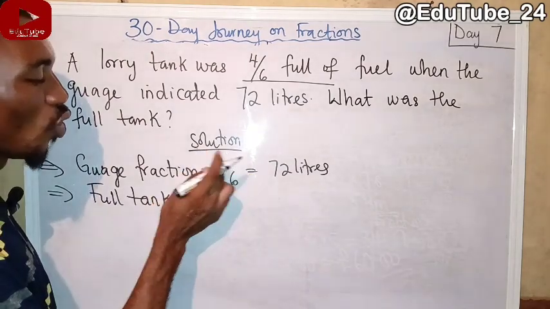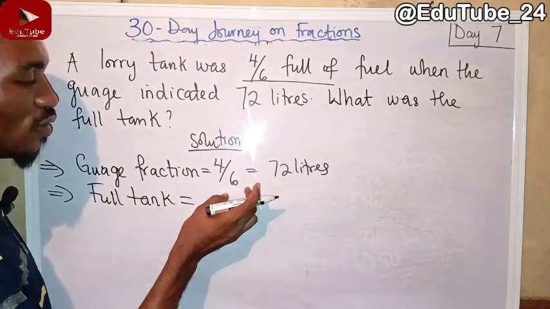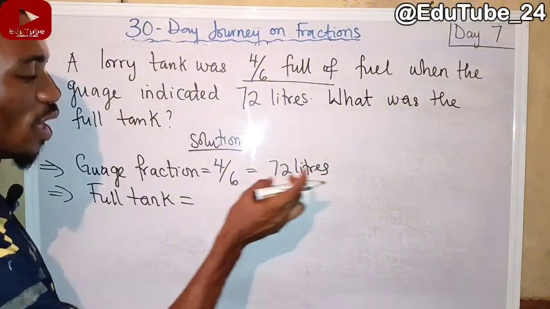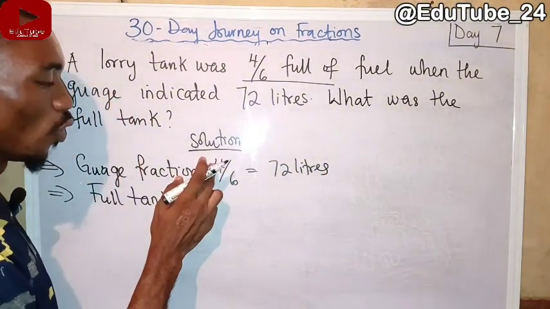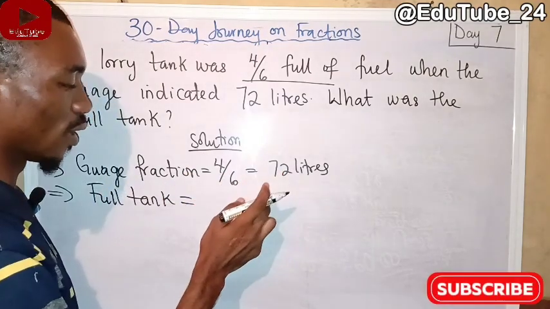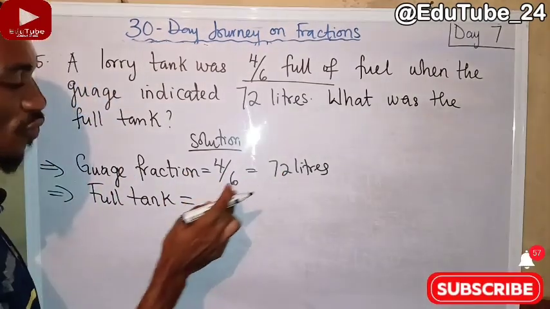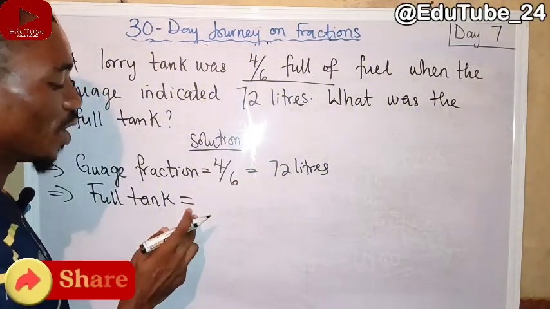As I said, 4/6 means 4 out of 6. So 4 out of the 6 is 72 liters. This 6 is the full tank, because they say out of something. This 4 is part of this 6, and this 6 is the whole tank, which is what we want to look for now.